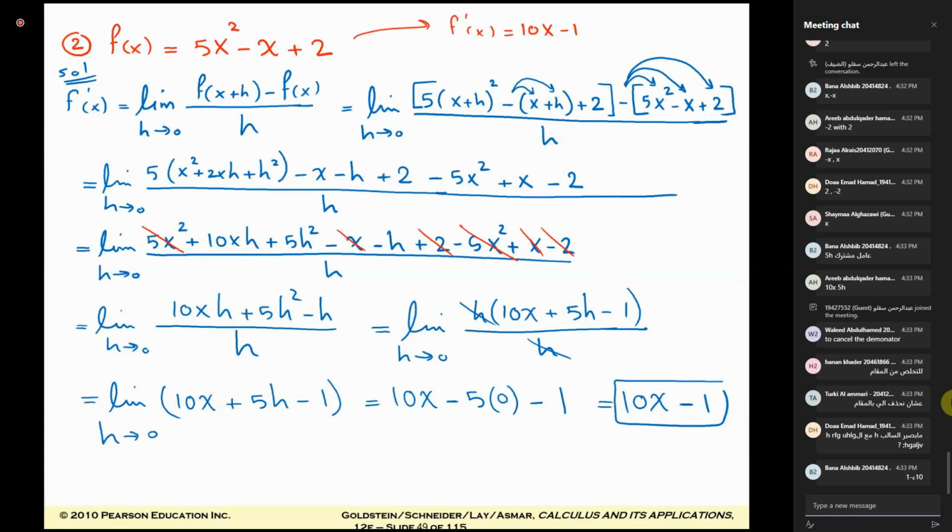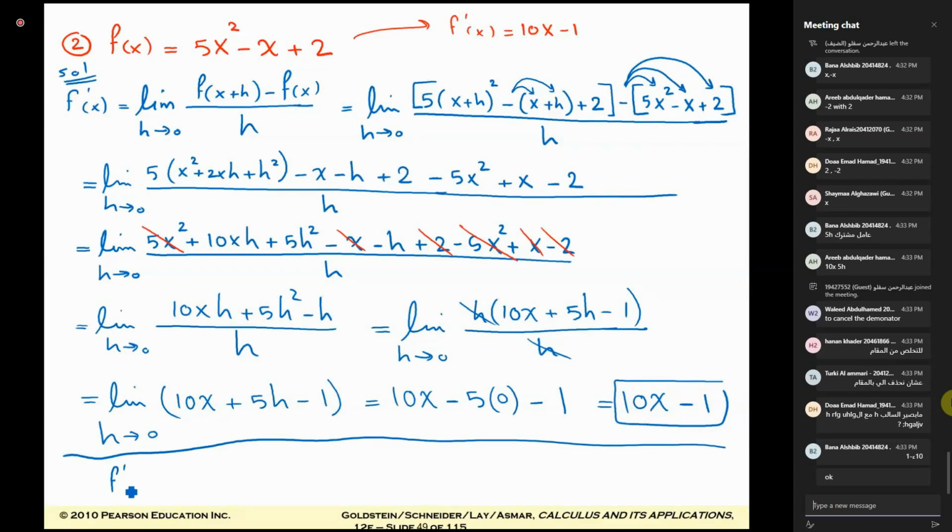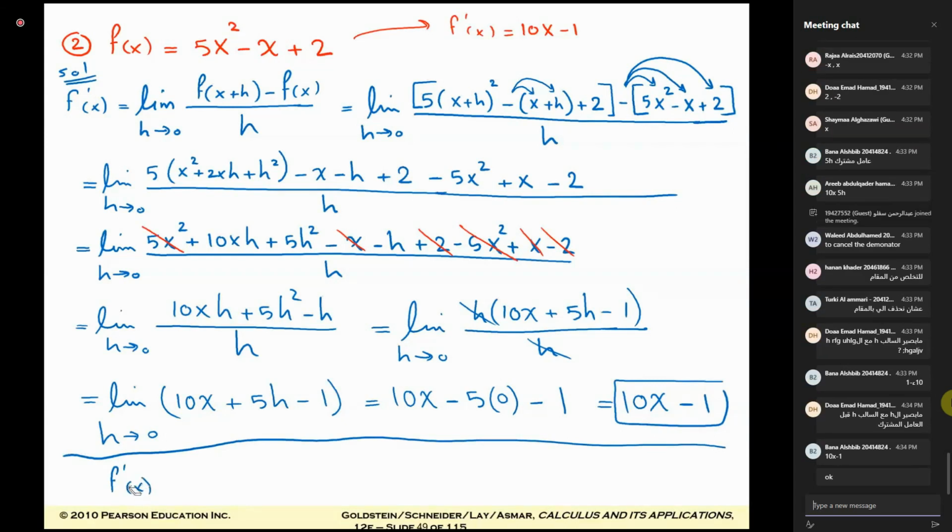Okay. If we need to find, for example, f prime at 2, after finding f prime equal 10x minus 1, you can find f prime at 2: 10 multiplied by 2 minus 1, so we have 20 minus 1, 19.